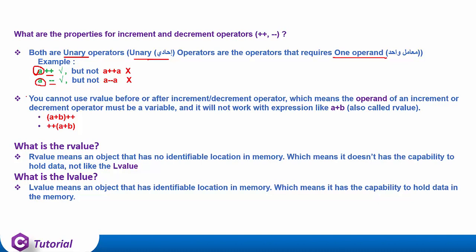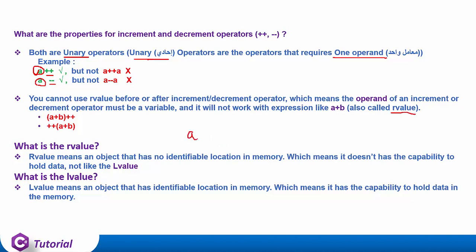Okay. You cannot use an R value before or after an increment and decrement operator, which means the operand of an increment or decrement operator must be a variable, and it will not work with an expression like a plus b, which is called an R value.